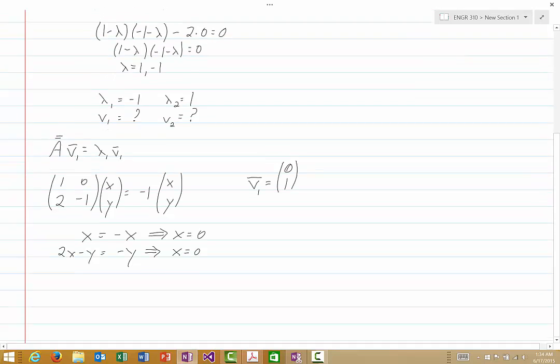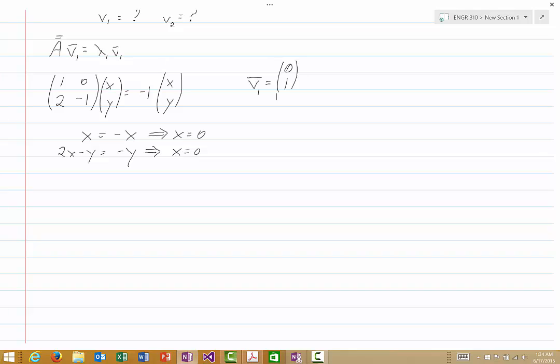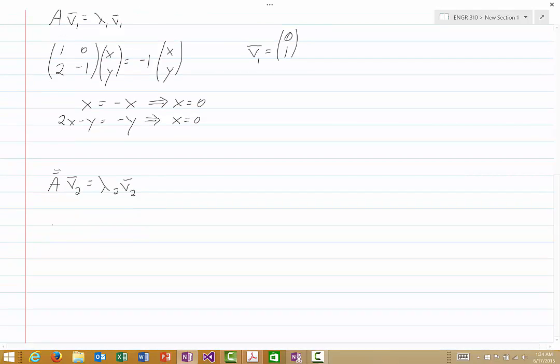And now let's look at finding v2. So we have A v2 is equal to lambda 2 v2. So we get the matrix 1, 0, 2, negative 1 times x, y is equal to positive 1 times x, y.